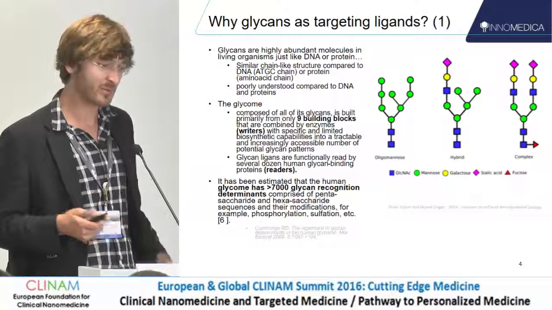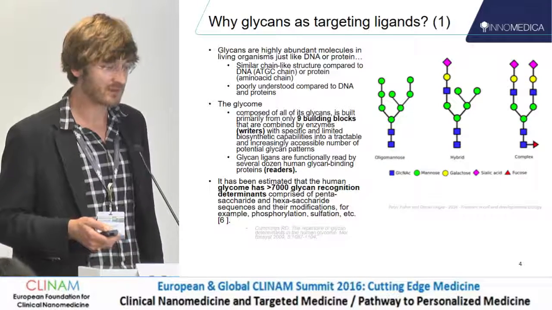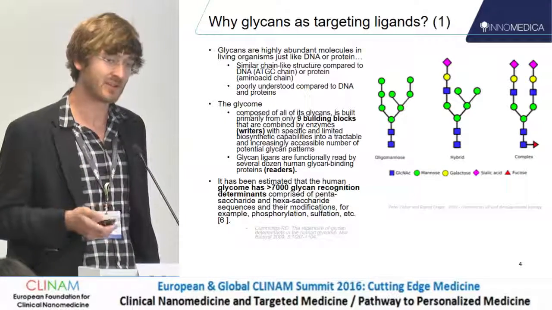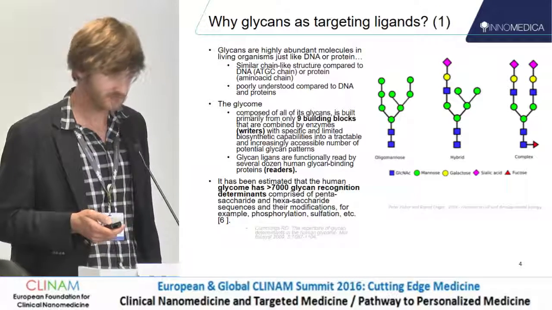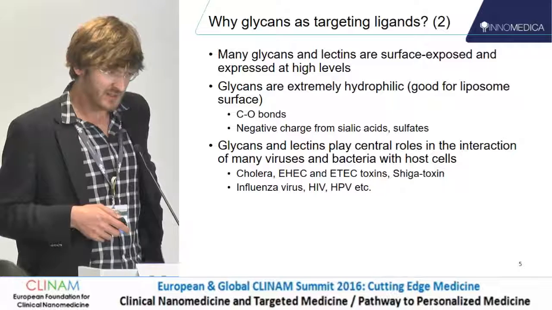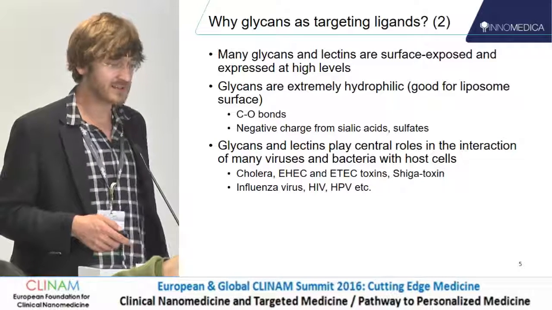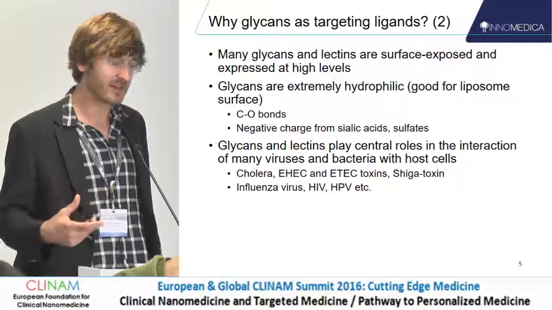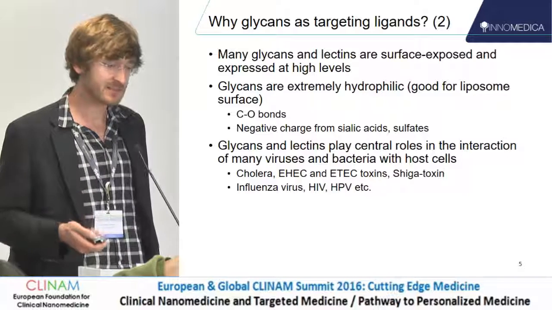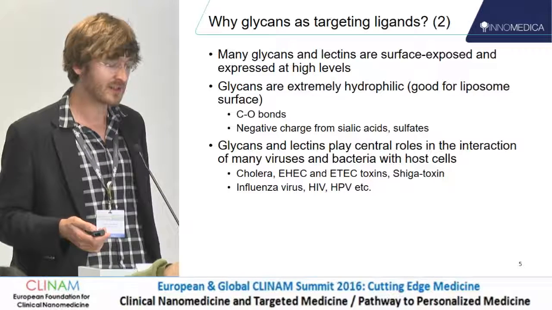Glycans have a more promiscuous binding behavior. They have low and higher affinities, but not in the same range actually as antibodies. So one of the very good features of using lectins is that they are very high expressed and surface accessible, making them pretty interesting targets.